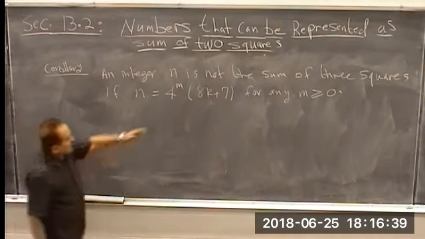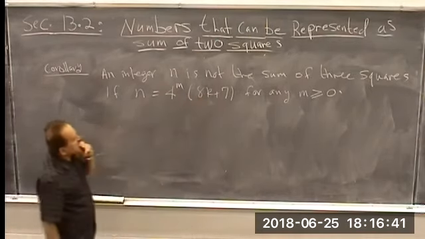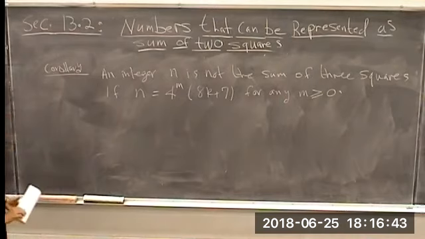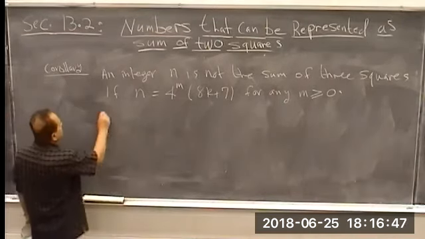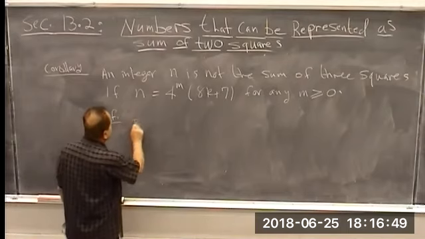Well, we know that if m is equal to 0, yes, it's not the sum of 3 squares. We can show it is not for m bigger than or equal to 1. So it's proof by contradiction.